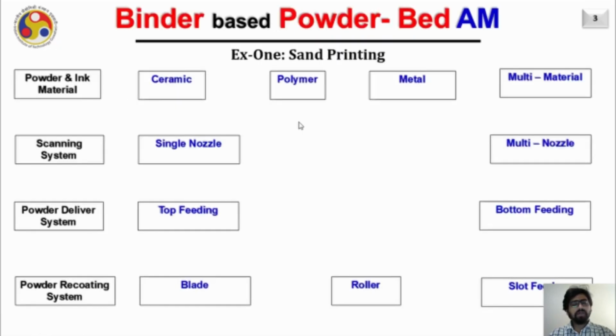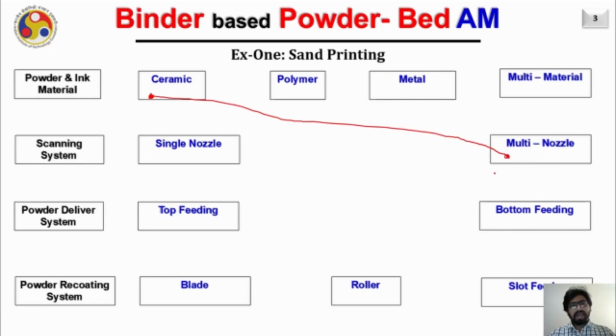So let us start with the first one, which is printing of the sand. We know that sand is a ceramic, therefore the ceramic is being used as a powder material here, and appropriate ink will be used to bind the particles of the sand. Then a multi-nozzle is used to dispense the liquid binder on the surface of the powder bed in such a way that the desired portion of the powder gets hardened together and forms the layer.